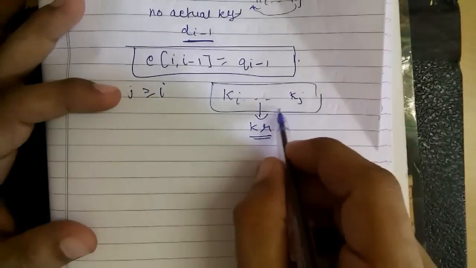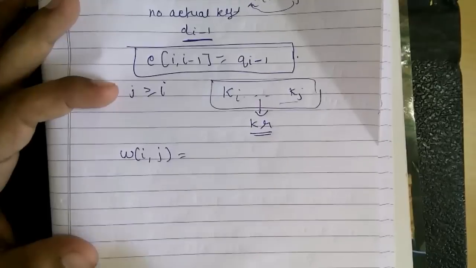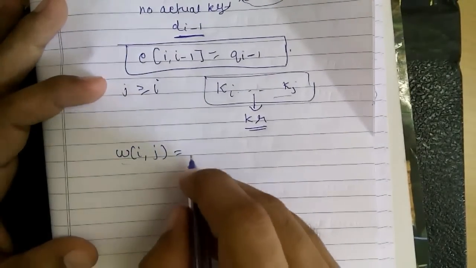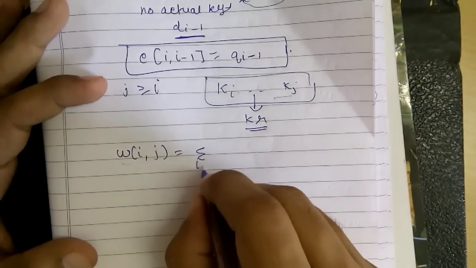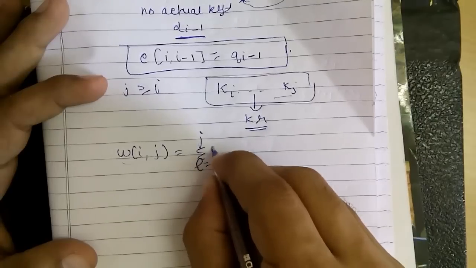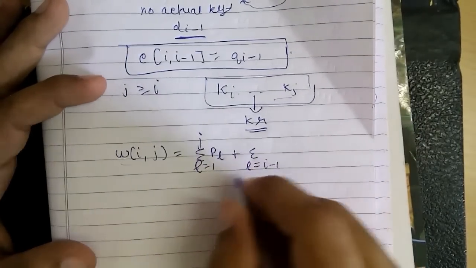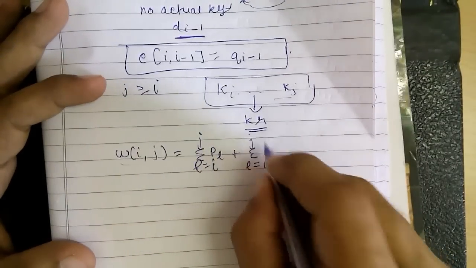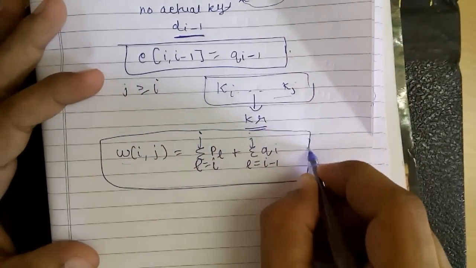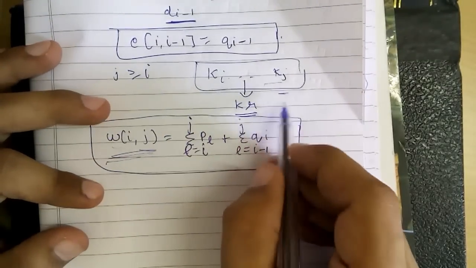For a whole tree it is 1, but for this subtree, let's say the sum of probability is w of i to j. The probability of occurring between i to j covers all the probabilities of keys plus all the probabilities of dummy keys occurring in between. So this is the sum of probabilities for ki to kj.